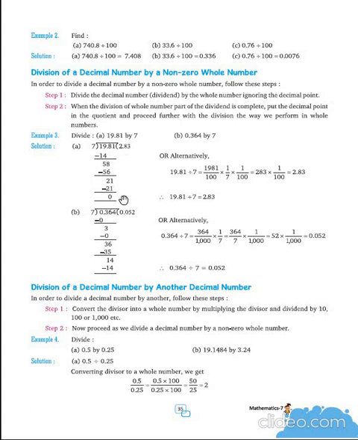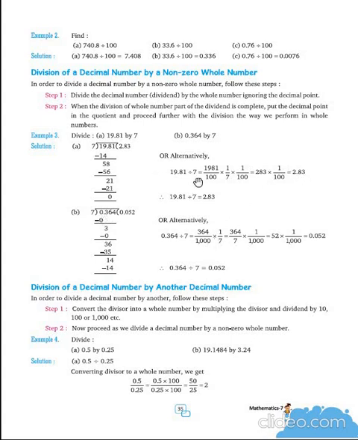And we can simply do it as we do in whole numbers. Another method is that first we convert it into fractions and then do division as we have learned in fractions. We remove this divide sign, we multiply by the reciprocal of 7, we get 1 by 7, then we simplify it, we get 2.83.